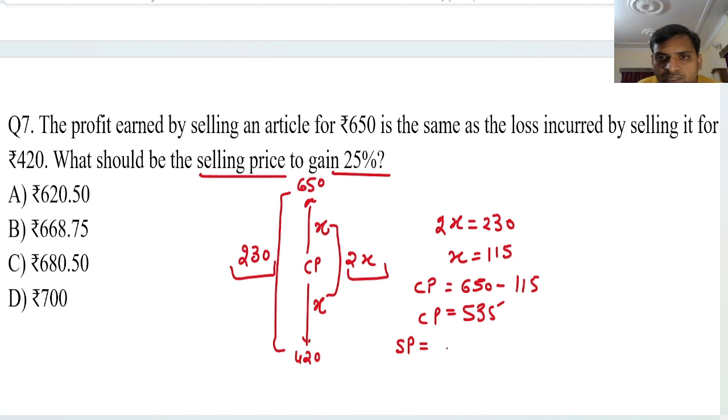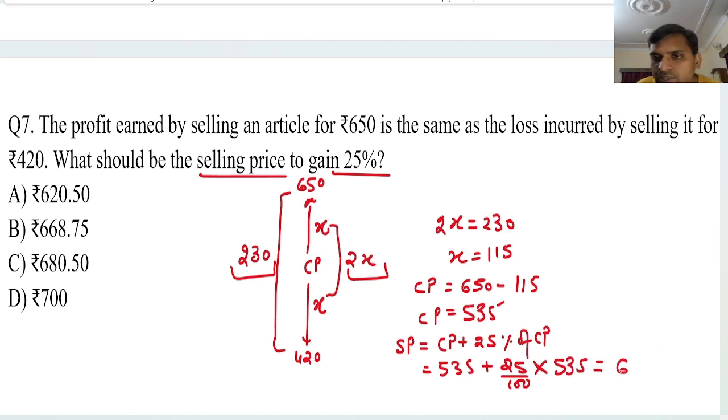So the selling price is the CP plus its 25%. So CP equals 535 plus 25% of the CP. This means 535 is added, then you will get 668.75. So the correct option is option B.